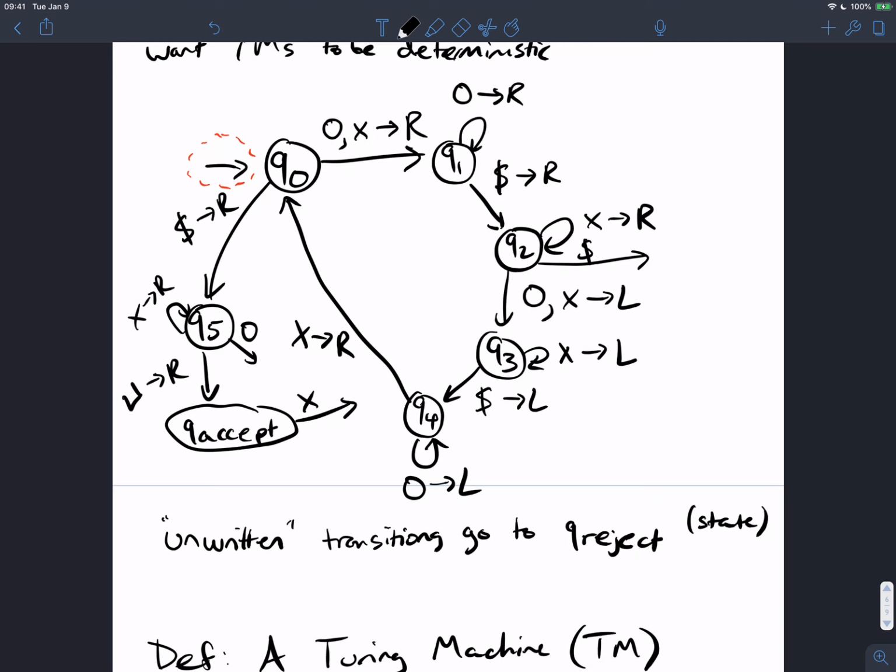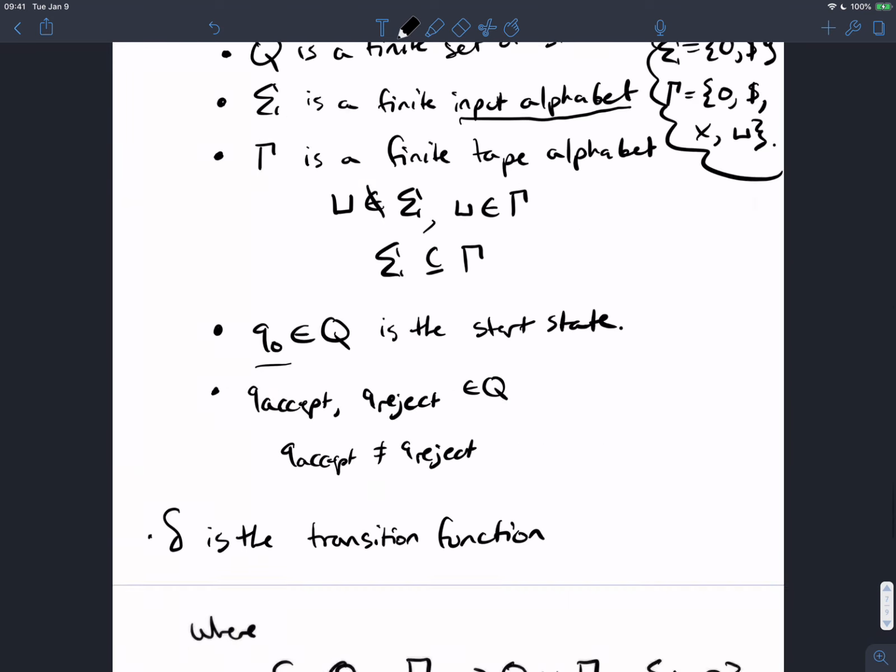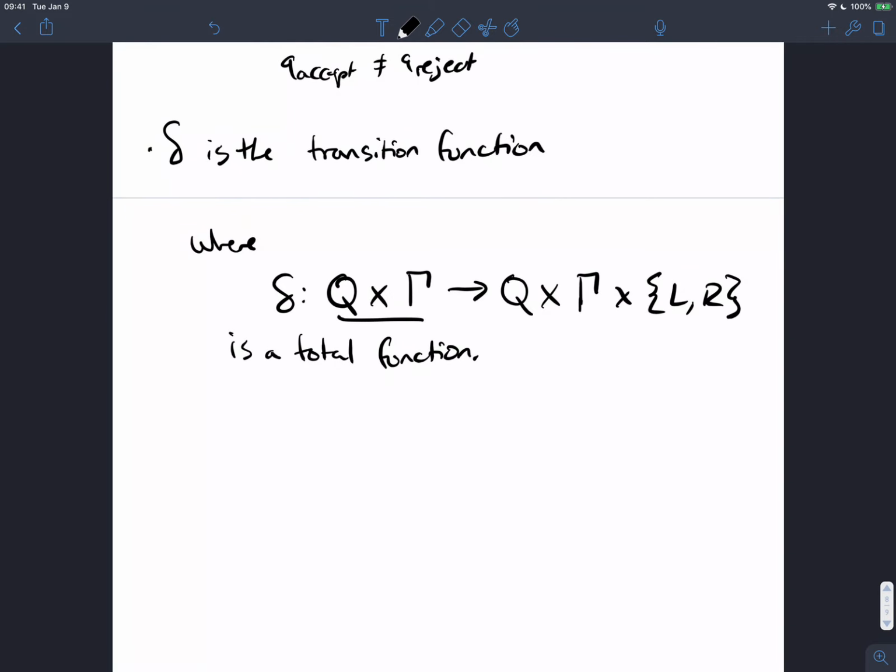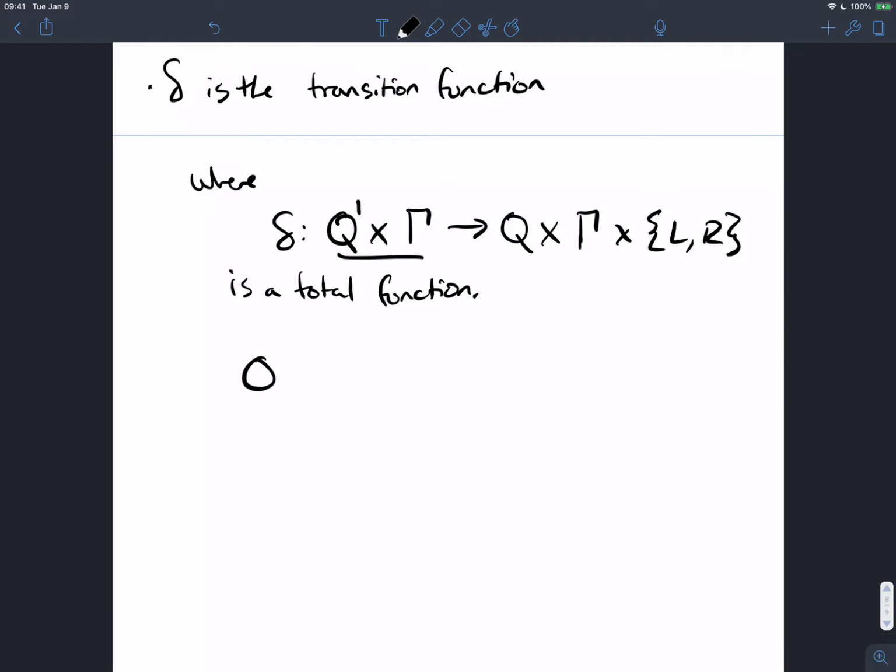Well, what about Q reject? Is that the same story? Yeah, it's the same story. So the more common way of writing this is put a Q bar there, and Q bar is Q without, so that's set minus, Q accept and Q reject.